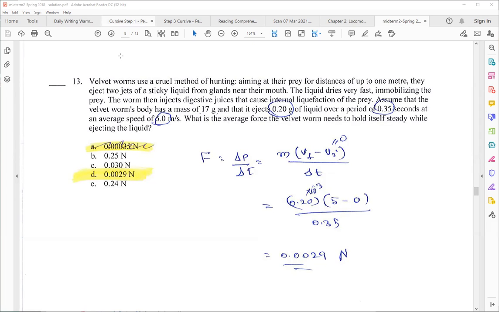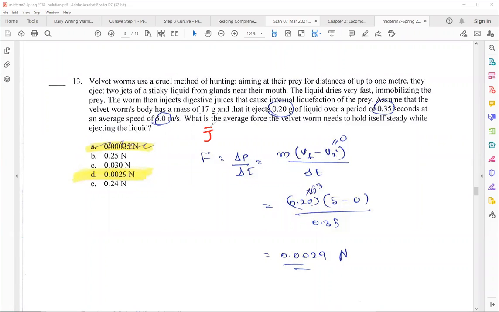So here we're looking for the average force the velvet worm needs to hold itself steady. Now, we're looking at the change in linear momentum over a certain period of time. So the starting point would be to use the formula for the impulse.